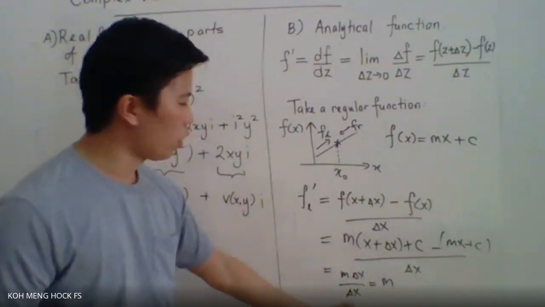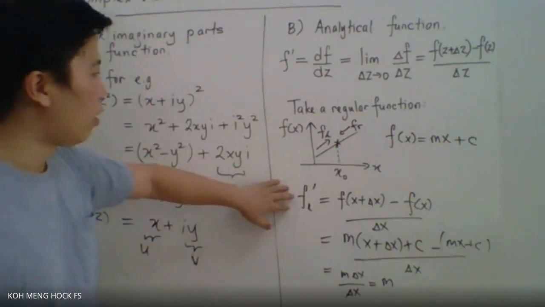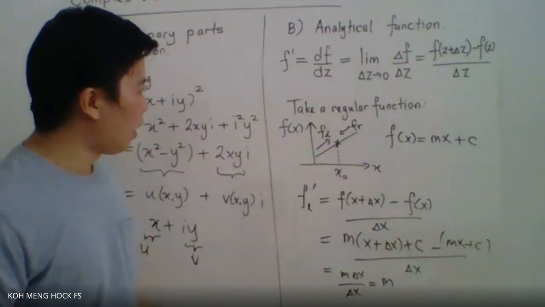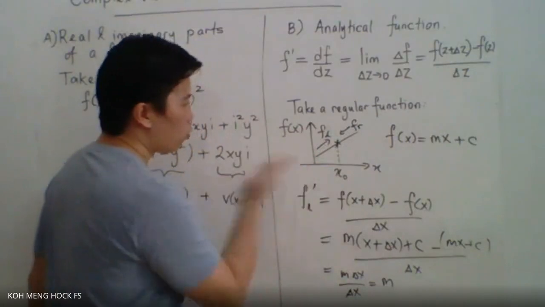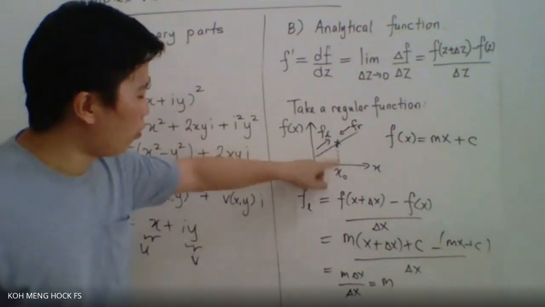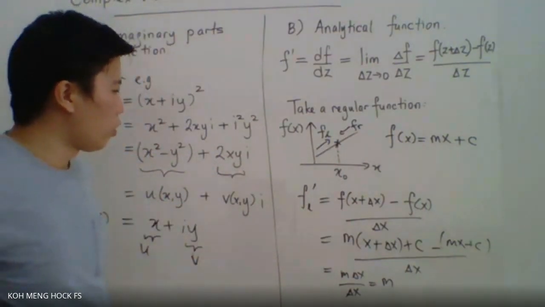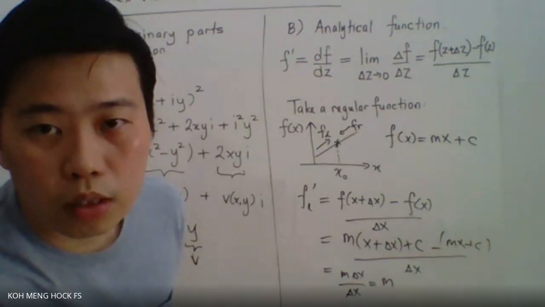Delta x is going to cancel, so this is equal to m. So it means when I want to reach this point, it doesn't matter how I reach, because delta x shows how I approach this point. So how I approach this point is not going to affect anything.